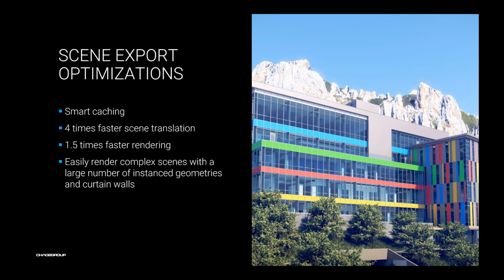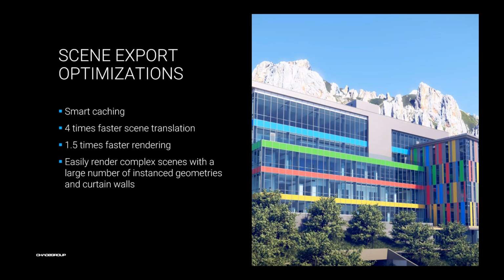To unveil it a little bit more, this can be noticed when rendering complex scenes with iterative objects like curtain walls. Let's say you have a model with a large number of instances, i.e. an element has been copied multiple times.